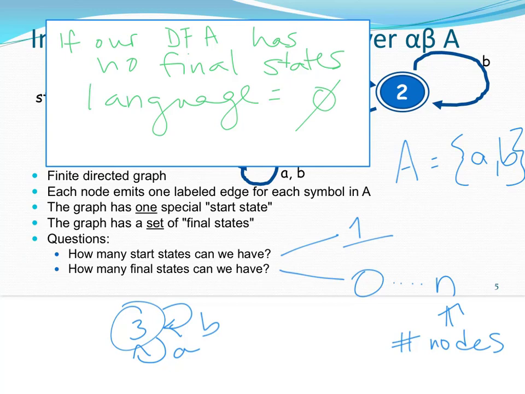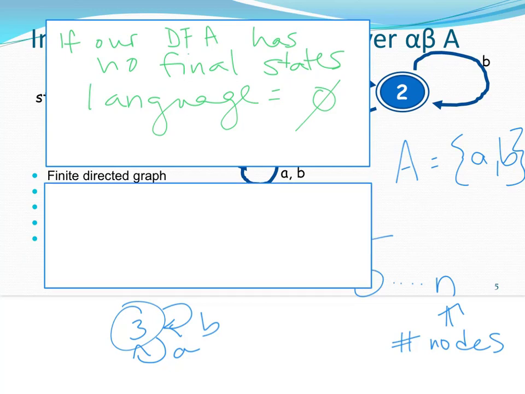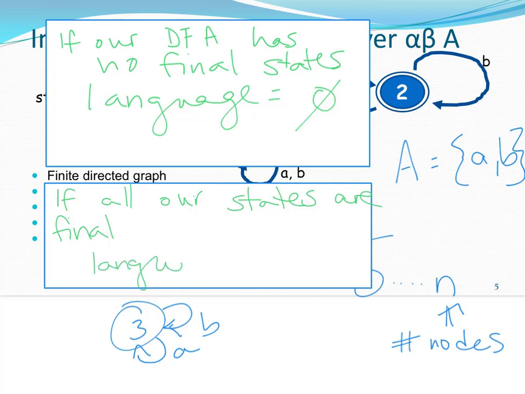No final states, nothing accepted, no strings accepted. And if all of our states are final states, in other words, every single state has a double circle, then the language that we accept is A star, all of the strings over the alphabet A, right? This assumes that A is our alphabet.